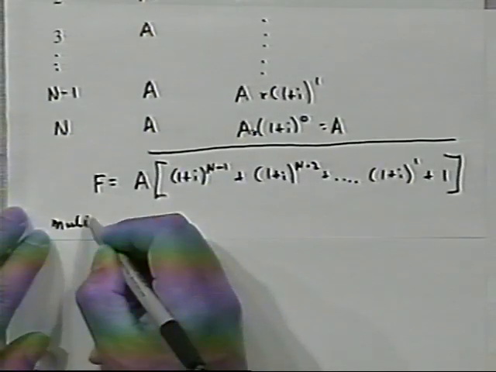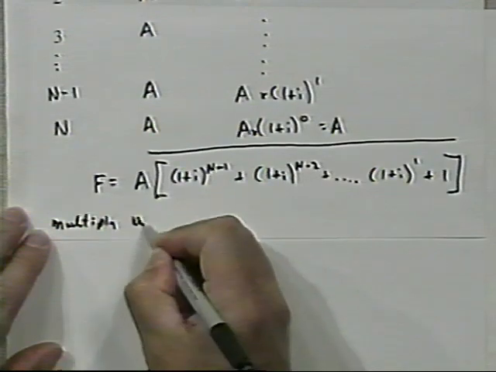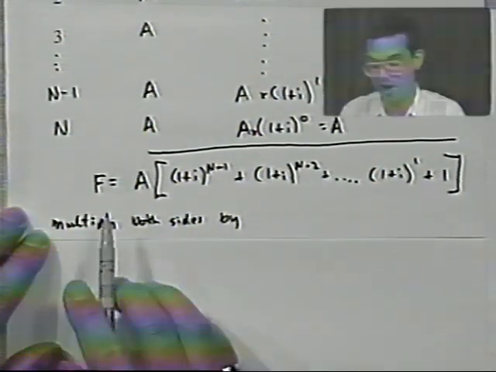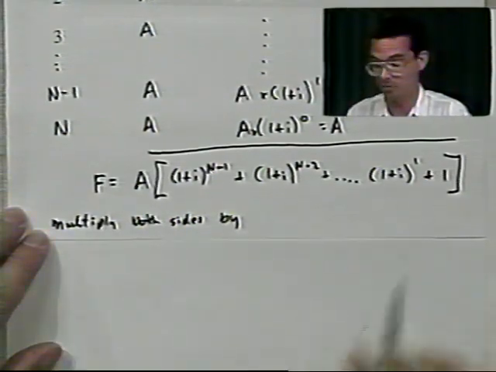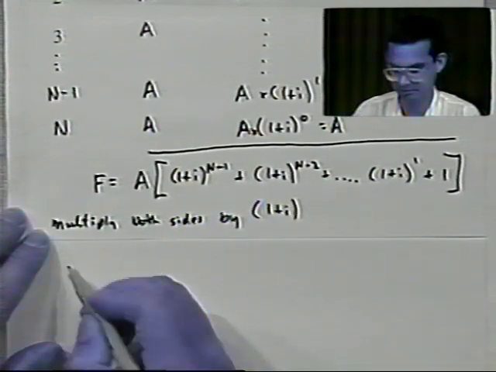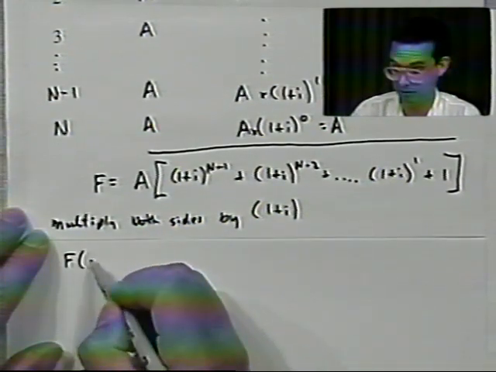But what I'm going to do is a little sleight of hand in this expression. I'm going to multiply both sides, the f on the left and this long expression on the right, by 1 plus i. And I end up with f times 1 plus i.